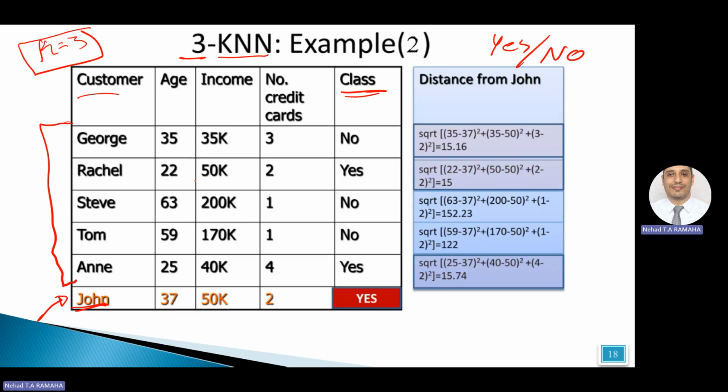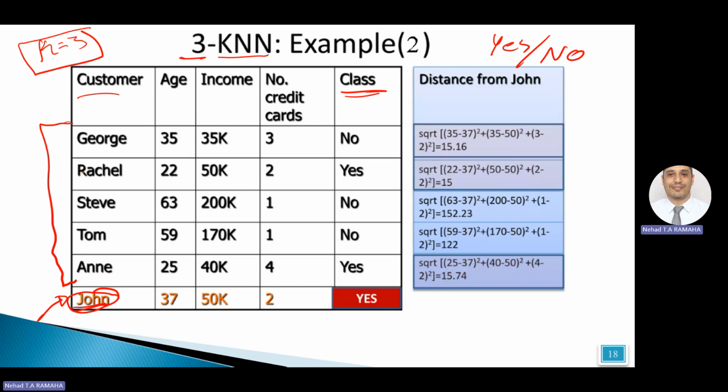Then, after we identify K, what's the second step? Calculate the distance between the new data and the training data set, the whole data.